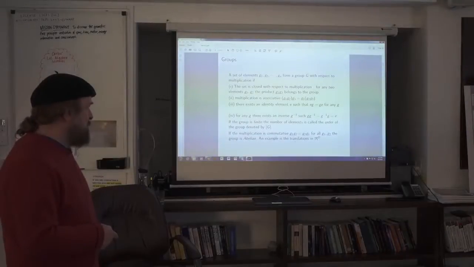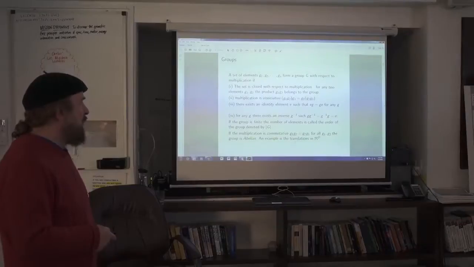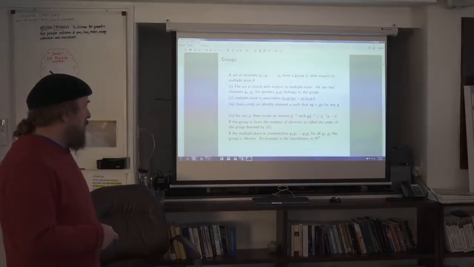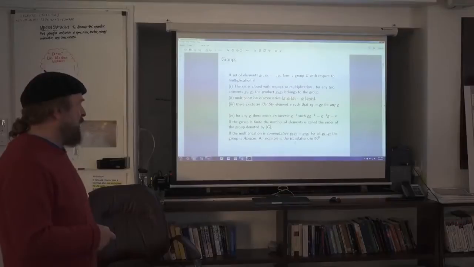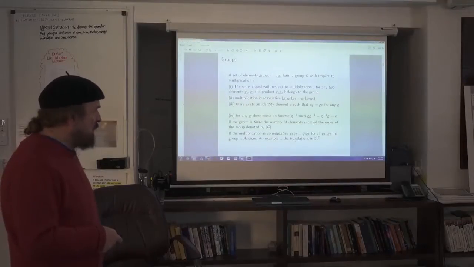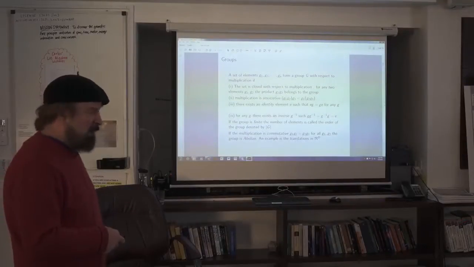Of course, it's very important to have an identity element, which I call E, in such a way that when you compose a group element with the identity element, you can compose it in any order and you still get the same element. And of course, you have an inverse, in such a way that when you compose a group element with its inverse, you'll generate the identity element.